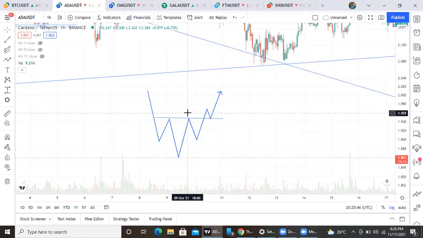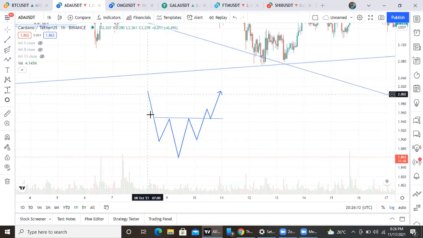So the inverted head and shoulder is just like when you turn the head and shoulder upside down. So there is no wide difference. They have a lot of similarities because you just have the head and the two shoulders. It's just like when you turn somebody upside down. So an inverted head and shoulder is a bullish pattern with the left shoulder, the head, and the right shoulder.